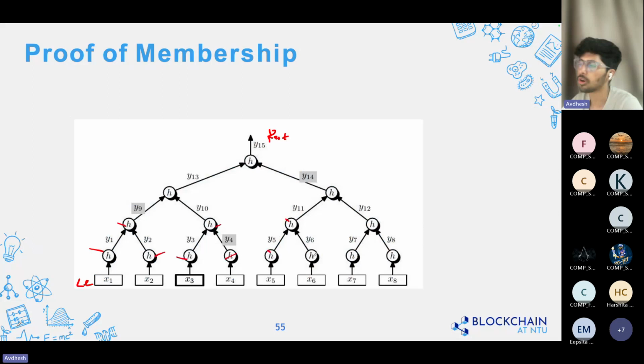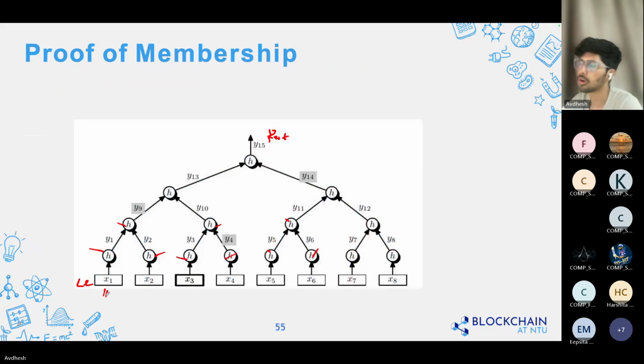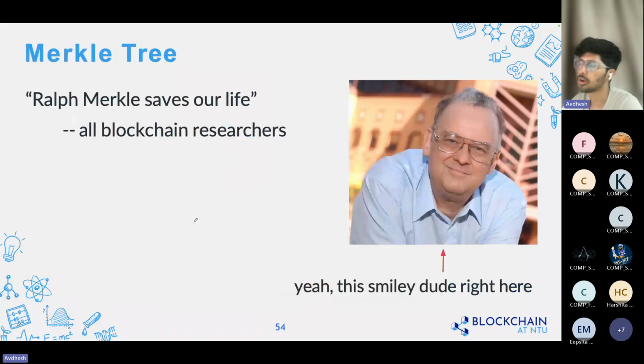I hope you have studied this in DSA, so I'll just go through it briefly. Let's suppose X1 is transaction number 0, which I'll write as TXN 0. Here it will be TXN 1, and so on. So these are all transactions that have happened before.